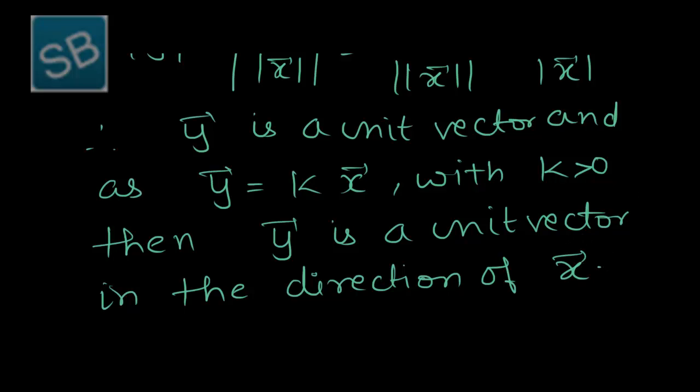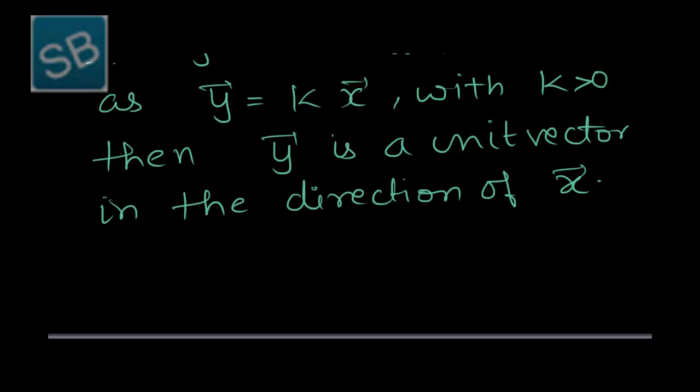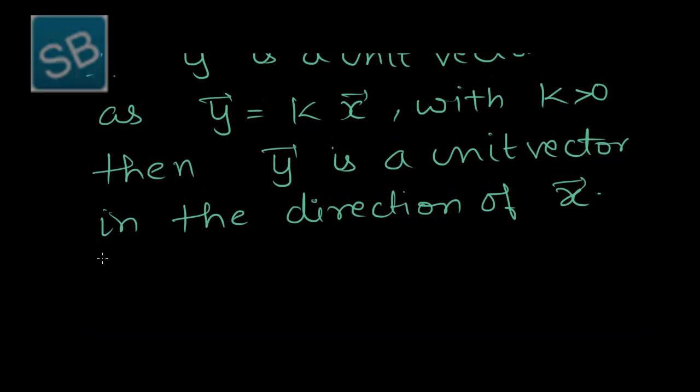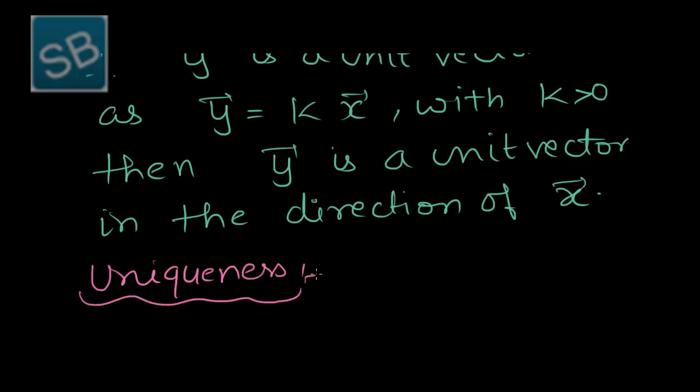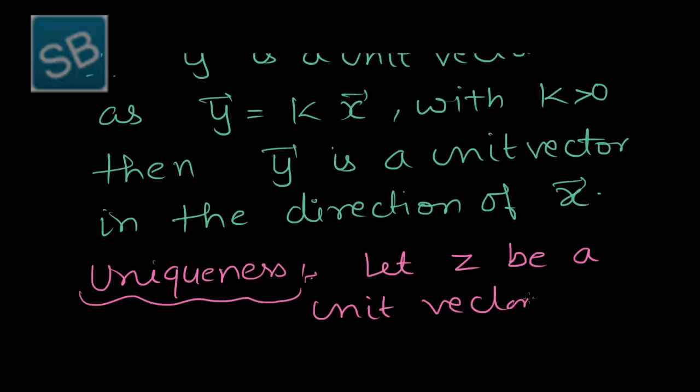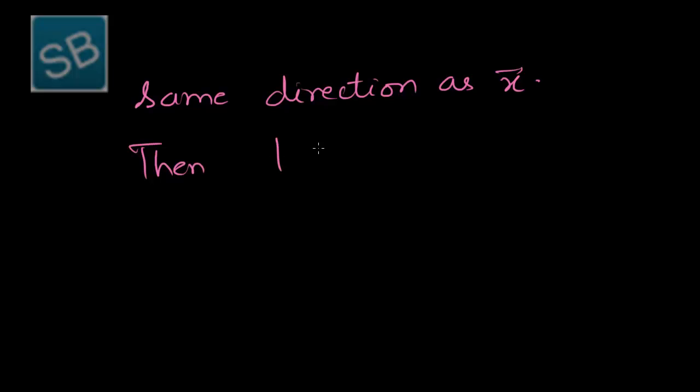Now we have to prove uniqueness of the vector. So let z be a unit vector in the same direction as vector x. Then as z is a unit vector, its magnitude is 1.